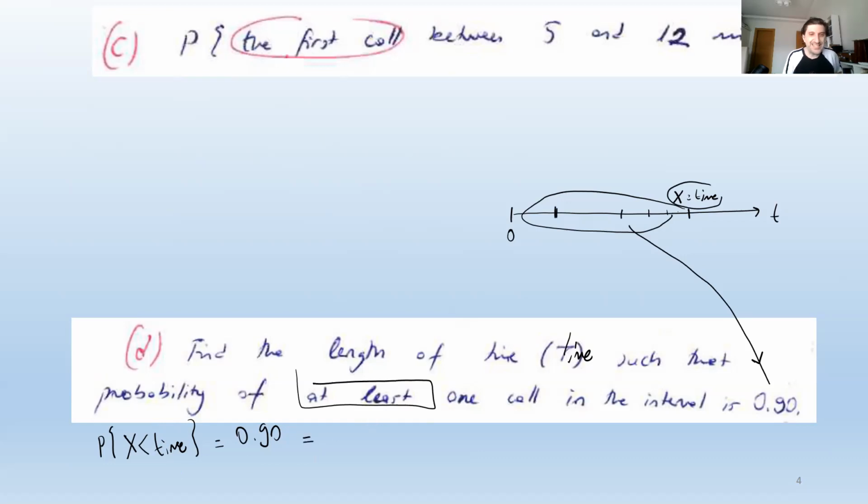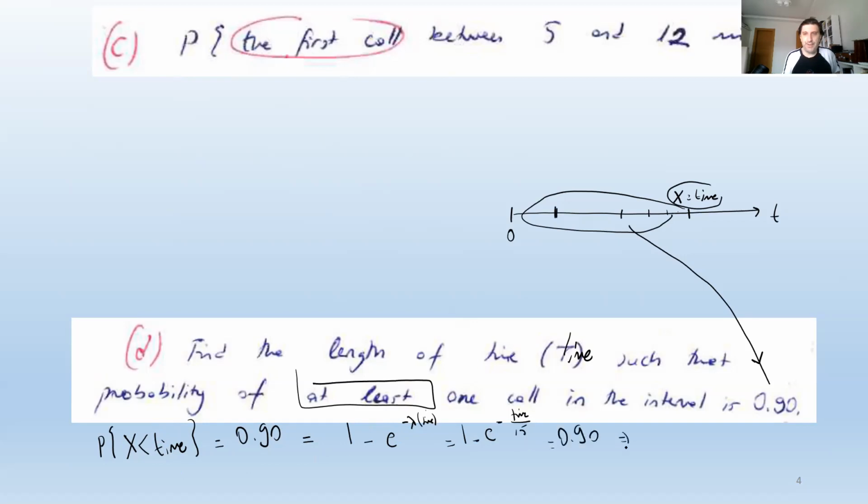Therefore this is going to be represented by 1 minus exponential of minus lambda times time, which is 1 minus exponential of minus time divided by 15, equal to 0.90.